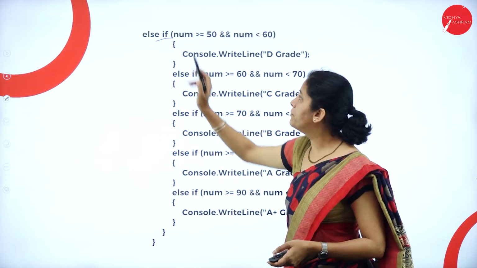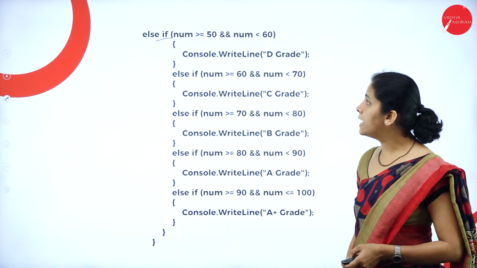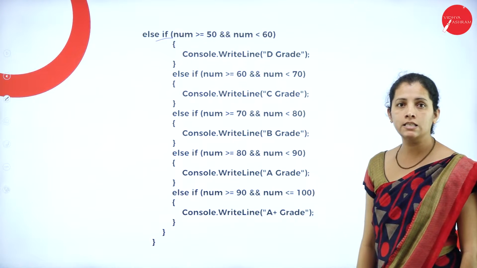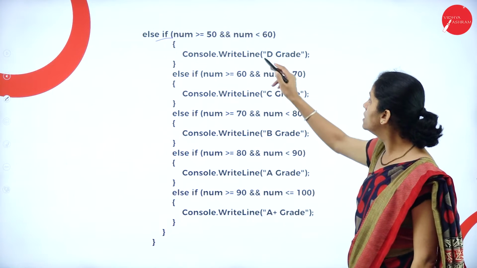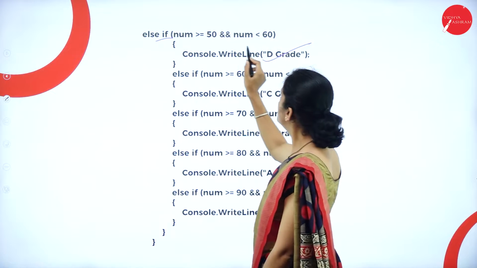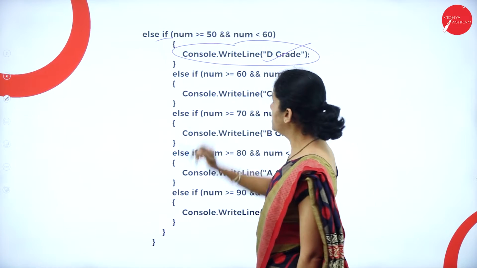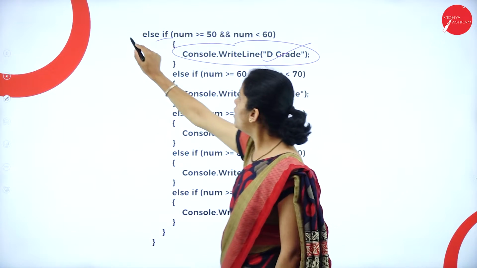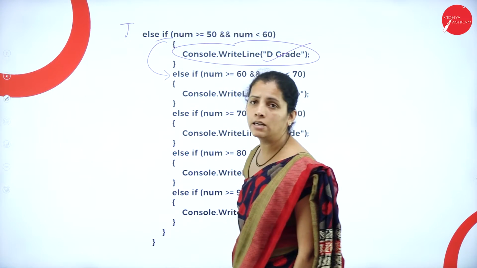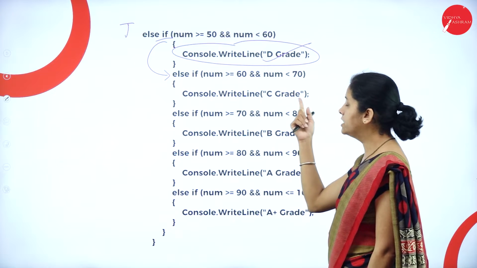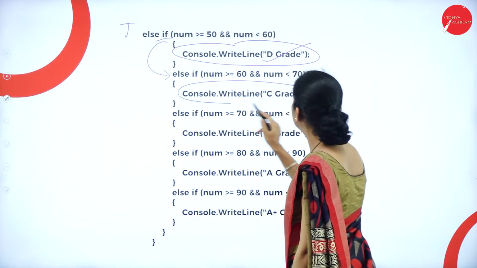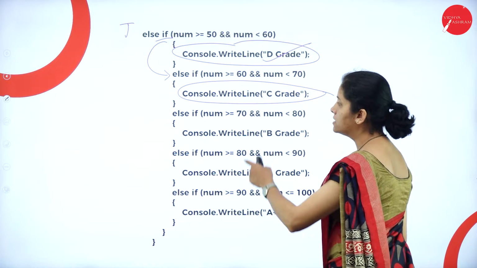Now, if the number is greater than or equal to 50 and less than 60, then it is D grade. Once again, if this condition is true, execute this statement. If this condition is false, the control is transferred to the else part. Once again, I'm going to check the condition. And if this condition is true, execute C grade, else.